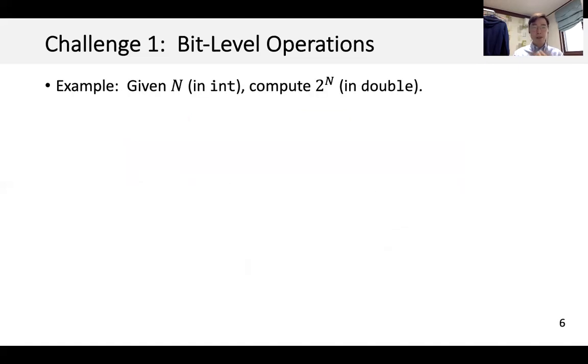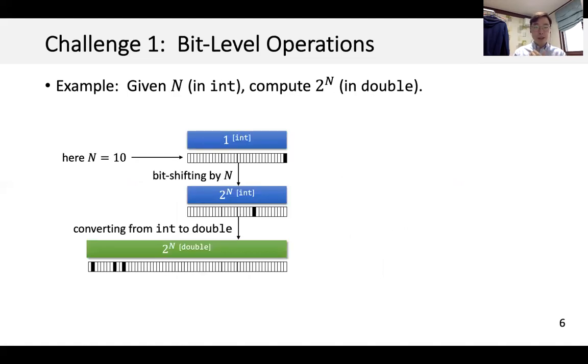This is my favorite example showing that kind of intermixing. Suppose that we are given an integer n and would like to compute 2 to the n as a double precision number. A naive way to solve this problem is to bit shift 1 by n to obtain 2 to the n as an integer, and then do the conversion operation to get the double precision number 2 to the n.